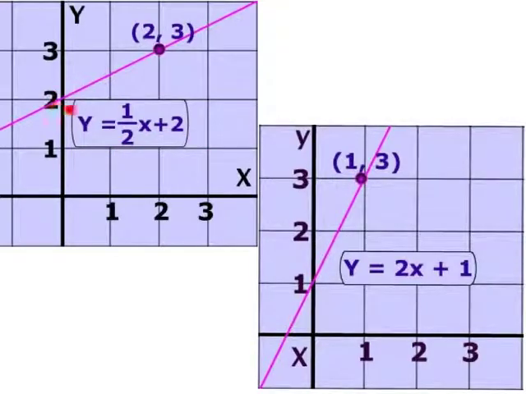You can see that the y-intercept is 2, and from 2 they went up 1 over 2. In this example, the equation is y equals 2x plus 1. The 1 comes at the end, that's the y-intercept, and from there they went up 2 over 1, and so forth.